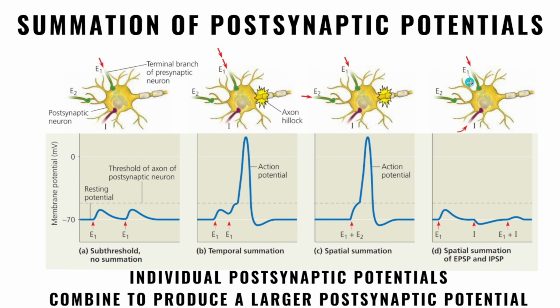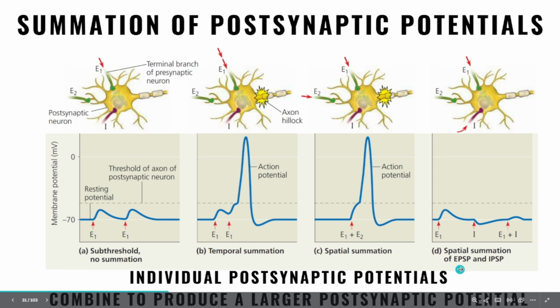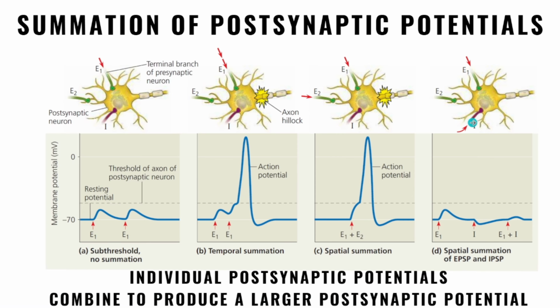Maybe E1 alone is already strong enough, but they have I, so it is already stopped. So whatever E1 comes along again, they still cannot trigger an action potential. So this is what we call spatial summation of EPSP and IPSP. Of course, along with IPSP, there is totally no action at all.